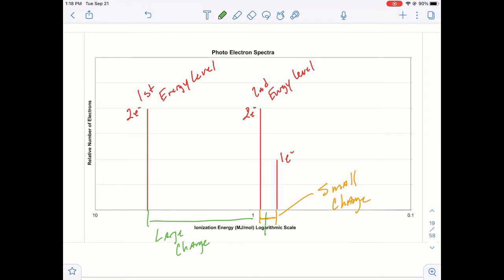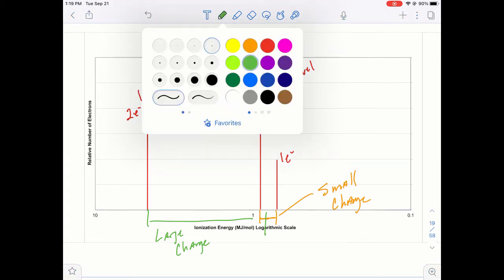What this represents then for us, and what we're going to introduce as a new concept here, is that we have what's called sublevels. So this will represent the first energy level, and these both will represent the second energy level, with what we call sublevels.